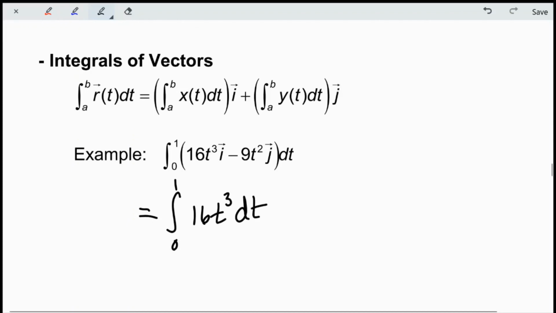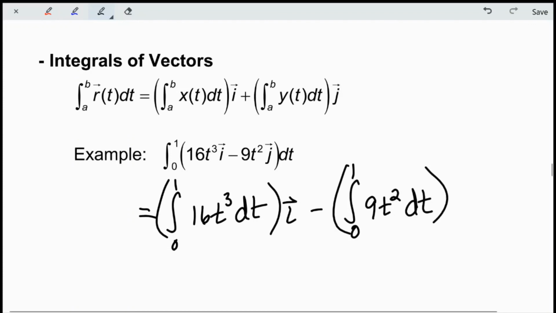So I've got the integral of 16t cubed dt multiplied to my i plus, or really in this case, it'll be minus the integral from 0 to 1 of 9t squared dt. And that will also all be multiplied to my j. Okay, so just integrate one component at a time. In the end here, if you were to solve that out, you'd get 4i minus 3j.